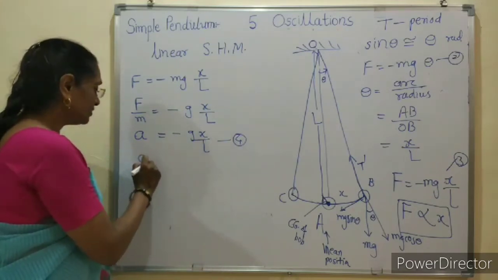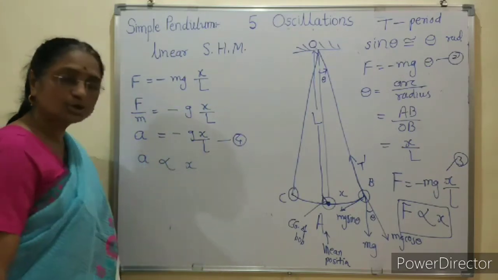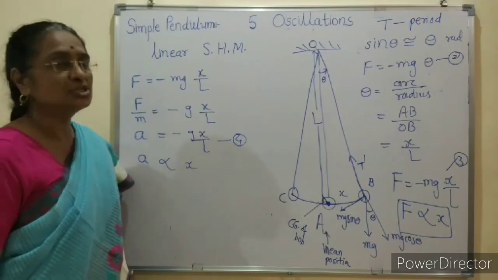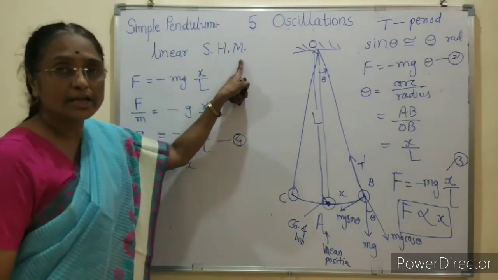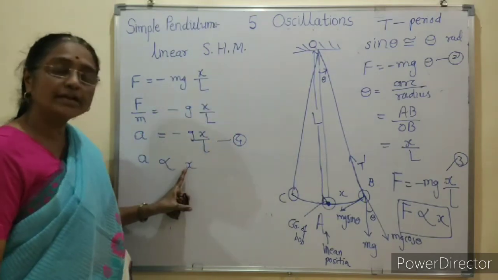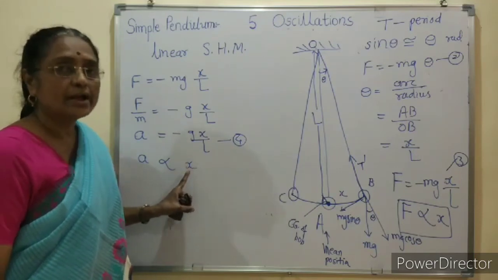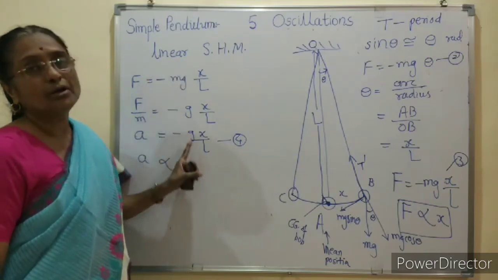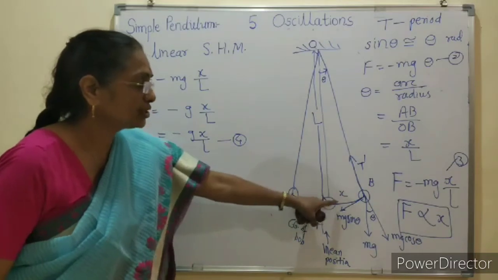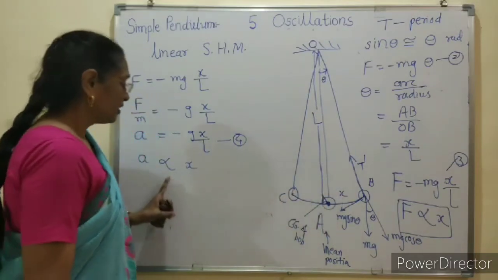Here also we write a is directly proportional to x, which is the condition of linear S.H.M. Acceleration is directly proportional to displacement and directed opposite to the direction of displacement.